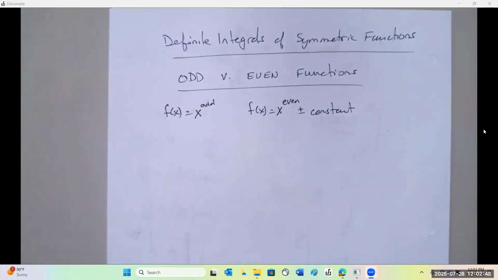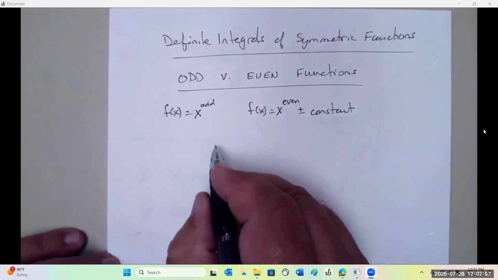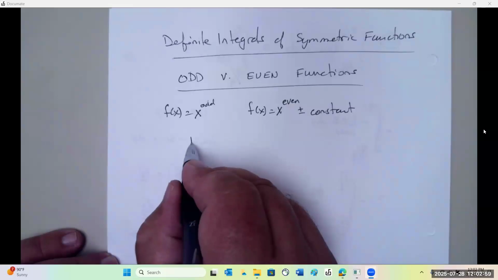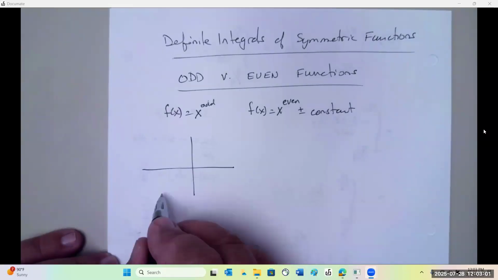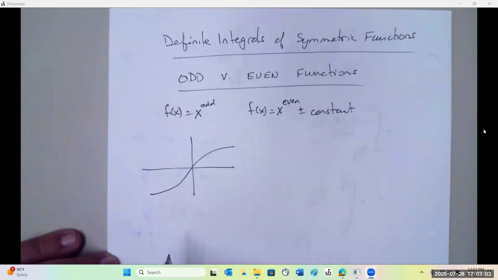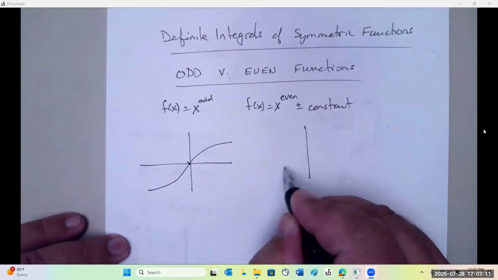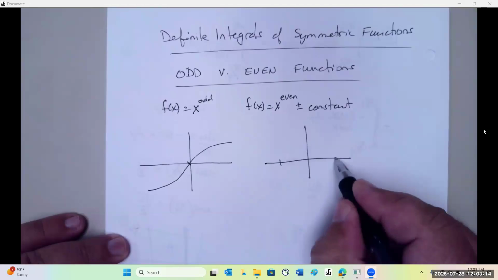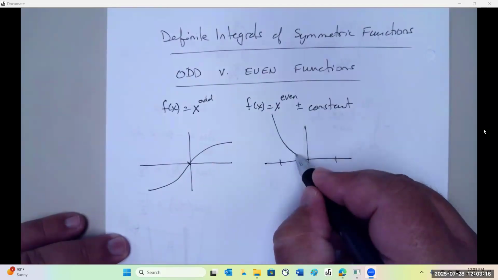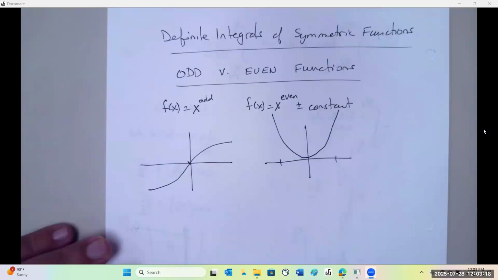You can't mix and match. You can't have a function that has odd and even exponents or an odd with a constant. So if it's odd, it's symmetric about the origin. Evens are symmetric about the y-axis.